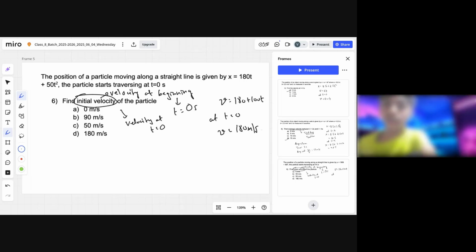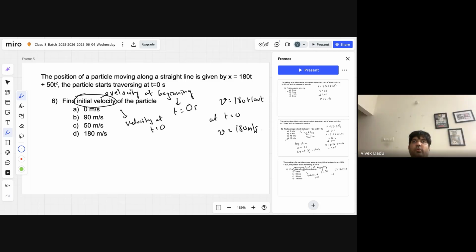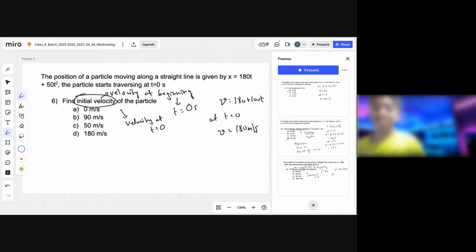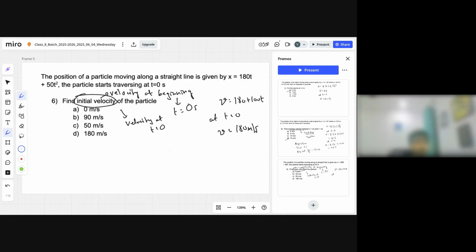Sir, but the initial velocity at 0 seconds should be 0, right, sir? Because it is just starting at that. No, no, no. Who said like that? When you start, you can start with a speed as well, right? You can start suddenly, like when a bomb blast happens. So basically we have to find the VT formula and then substitute the time to get the velocity. Yes, sir, and it's a particle, so the bomb blast theory can very well happen.